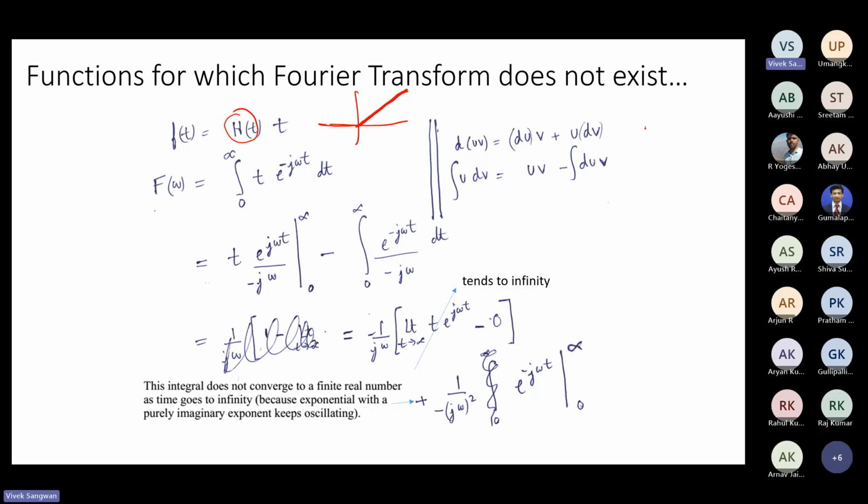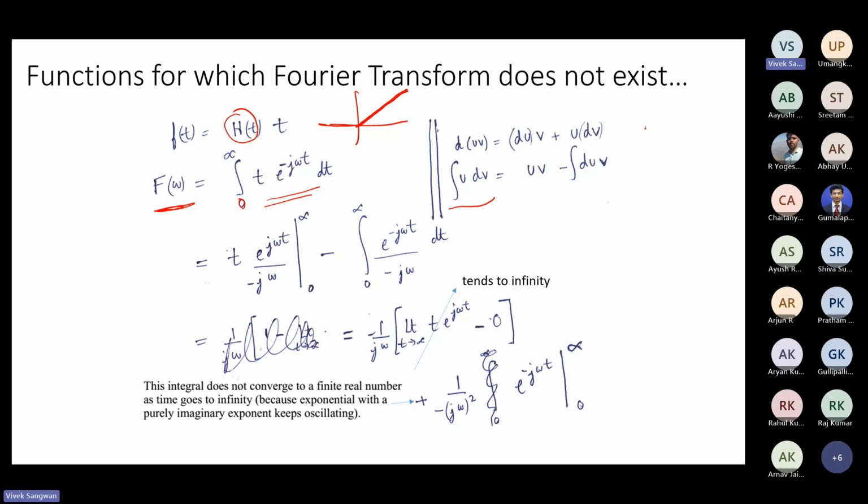So when you are evaluating the integral for capital F(omega), you can start integrating at t equal to 0 as opposed to minus infinity. Now to integrate this, you have to use integration by parts, which you studied in JEE days. If you have to integrate something like this, there are two functions.